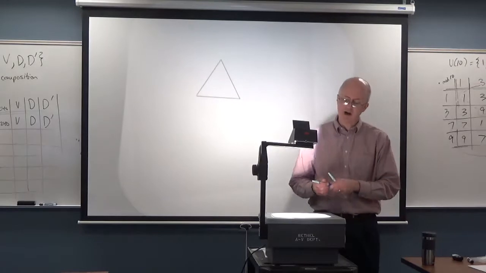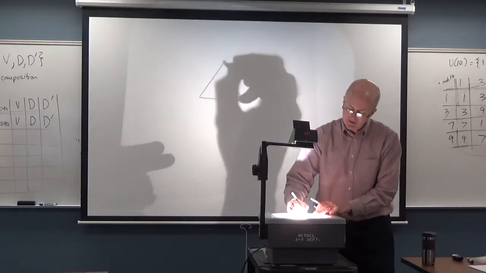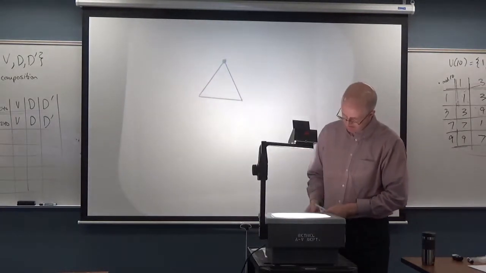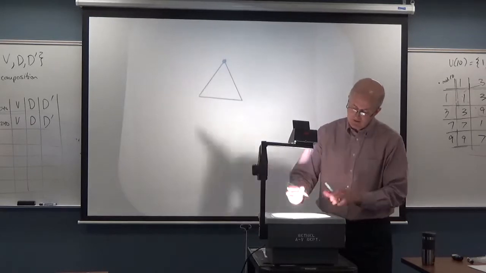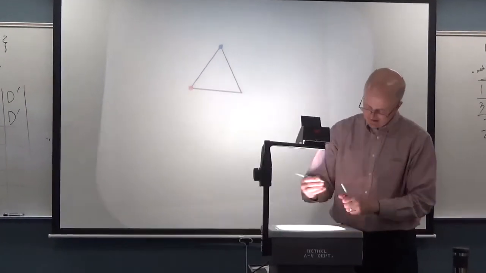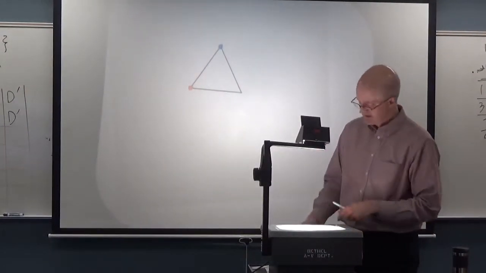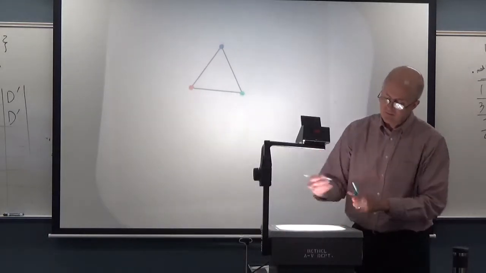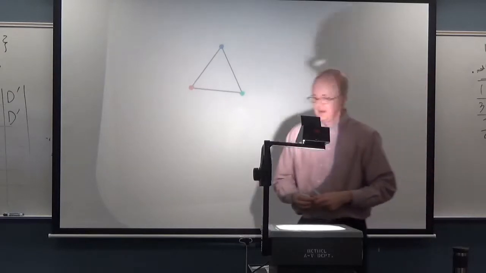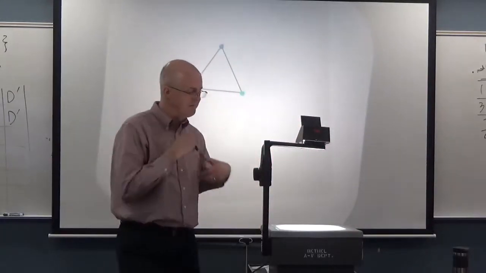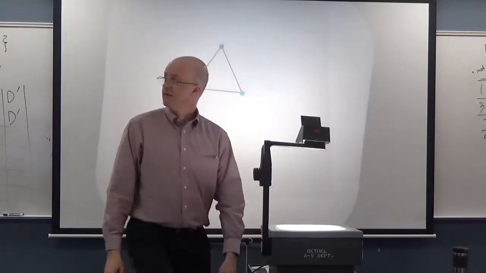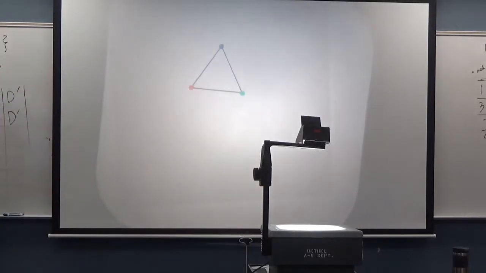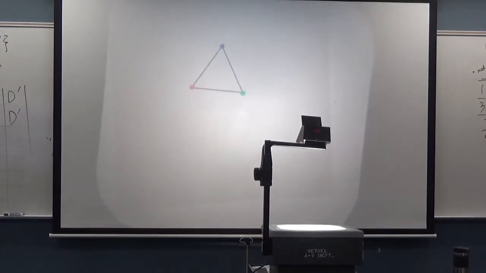It's helpful to color the vertices different colors. So that one's blue. This one's red. And this one over here is going to be green. As you've read about, the elements over here consist of rotations.